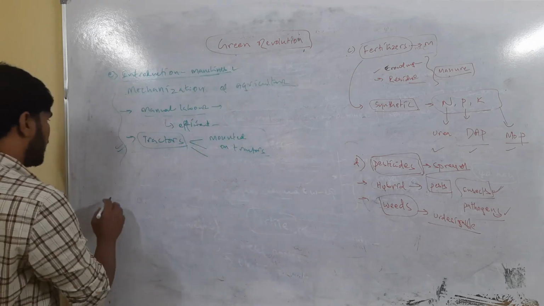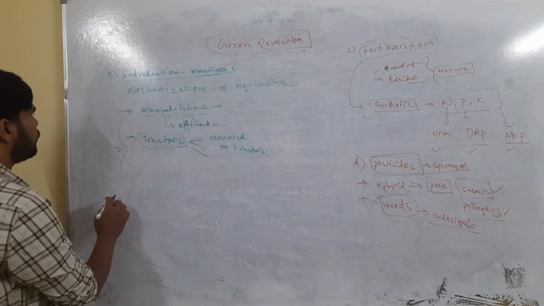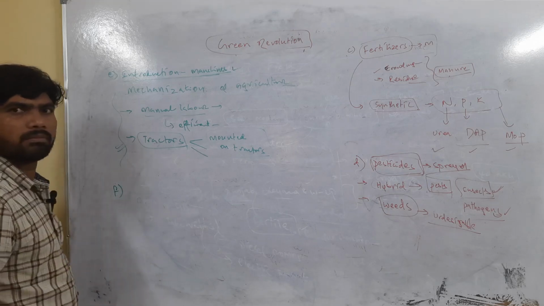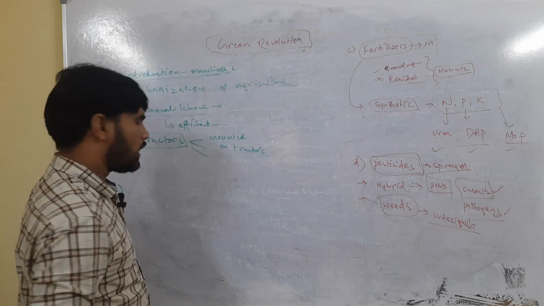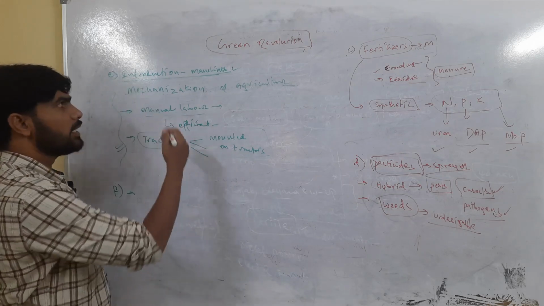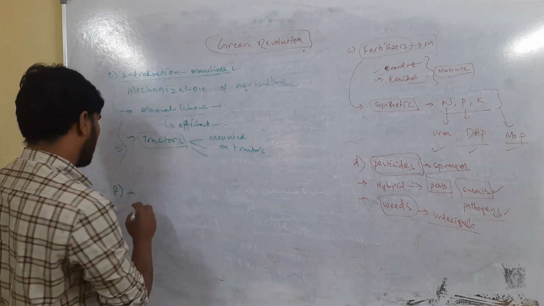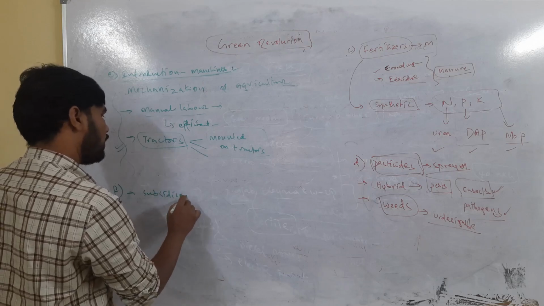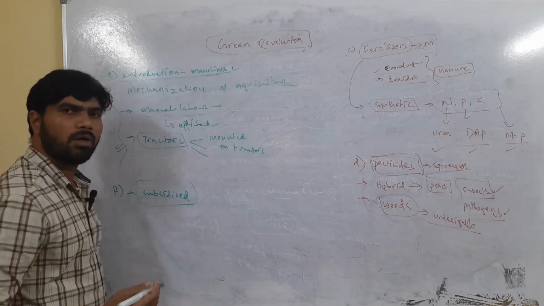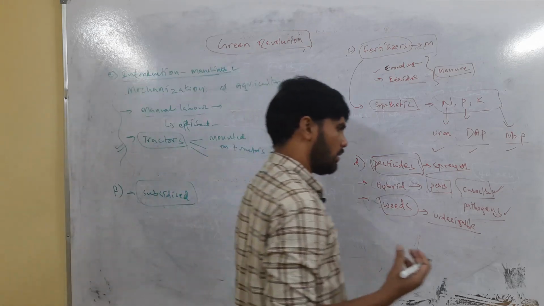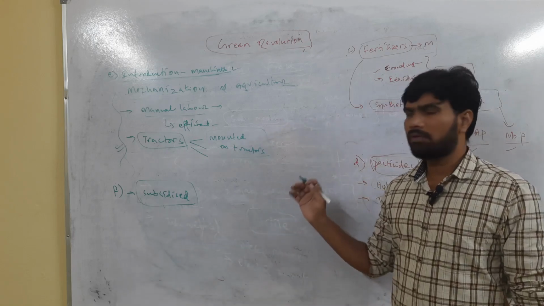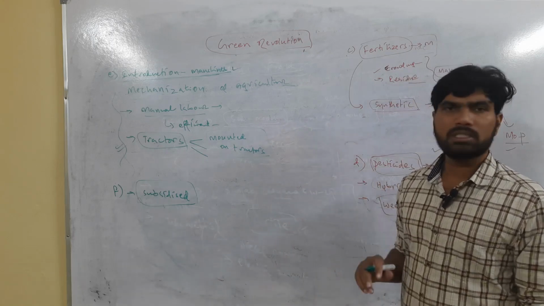To enable that, the first thing is that all these have been provided at subsidized rates. There are a lot of government subsidies in the cost of all these things, including seeds, fertilizers, pesticides and machinery.